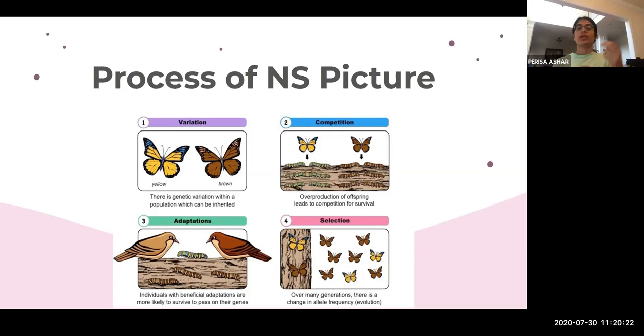But for number 2, competition is just showing that, let's imagine a world where there's an organism, right? As you see, there are 2 kinds of butterflies, the yellow and brown butterfly with their caterpillars, which need to eat. But as you see in number 2, there's not really a predator or another animal eating the butterfly or caterpillar yet.